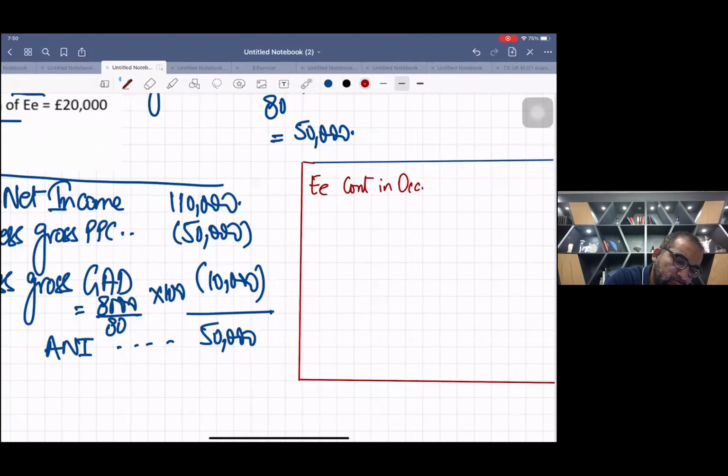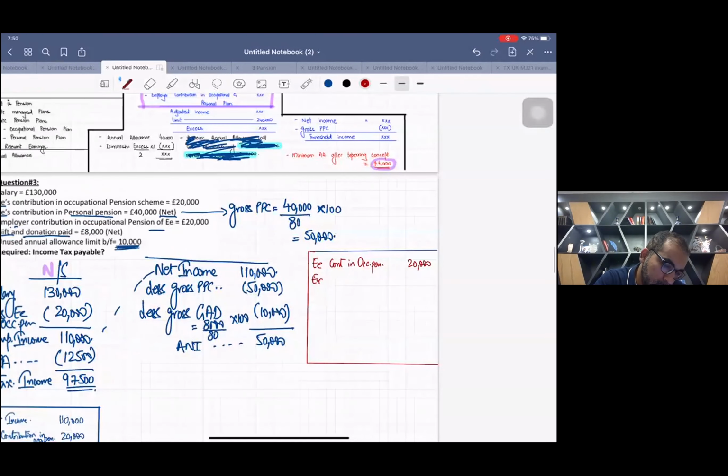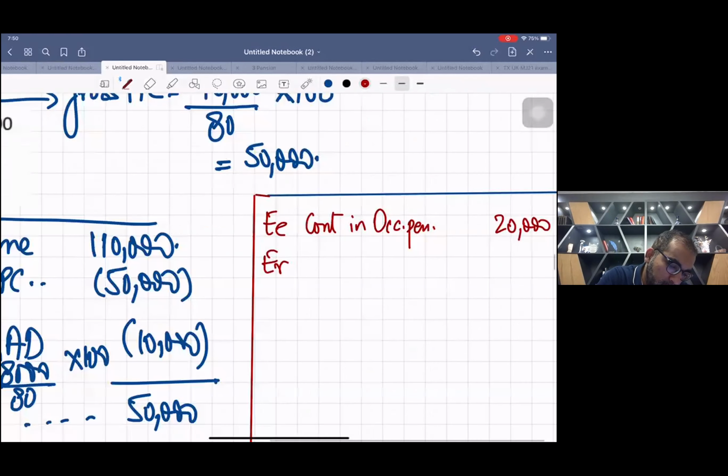This was the first relief of 20,000 we get. Then our employer also contributes. Employer contribution in occupational pension. This is also 20,000.